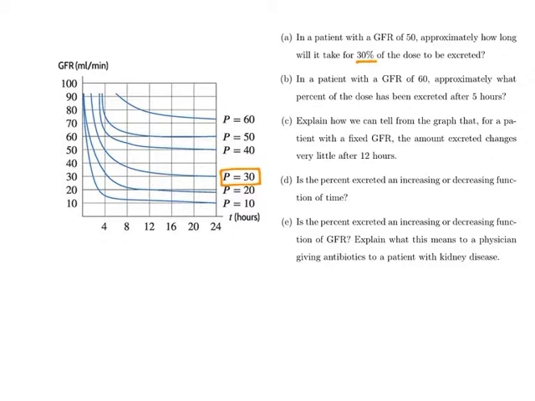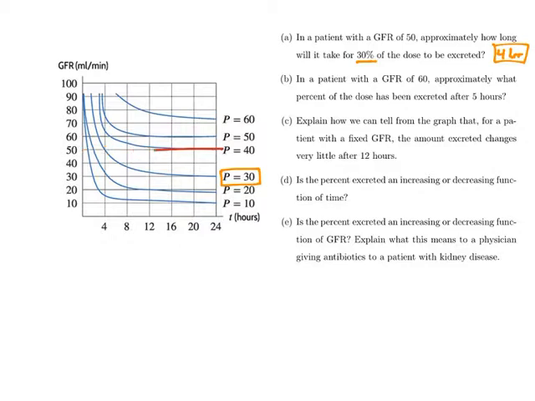And we are looking at a cross section here of GFR equal to 50. So we have this contour. Now we're asking, when does that contour intersect with the line P equals 30? That's going to be at 4 hours. So it would take 4 hours to get to that percent level.